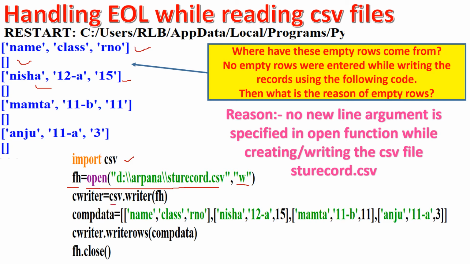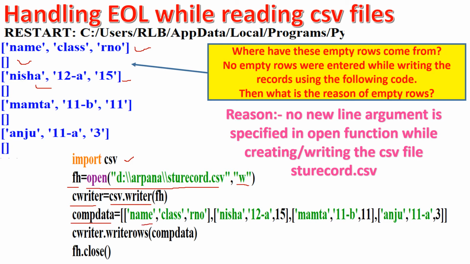Now for writing, the csv.writer function is used, and fh, the file handler, is passed as an argument to the function. On the left hand side you have to use a variable, cw writer, because this variable will be used to invoke the writerows function. First you specify the data, either by getting input from the user or by assigning the list directly.